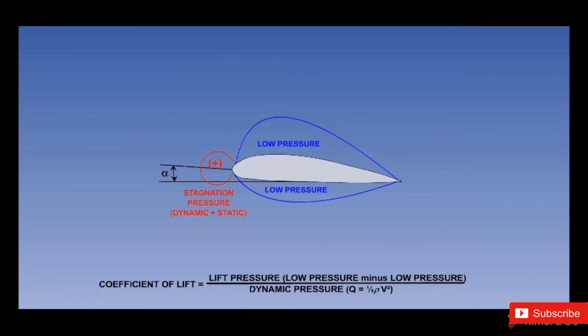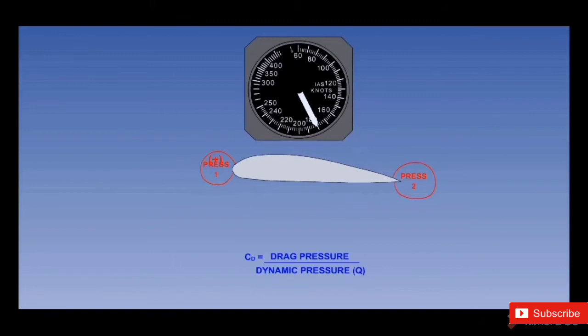By definition, the lift coefficient, or CL, is the lift divided by the dynamic pressure and the wing planform area. As the speed increases, assuming a constant density, CD will remain constant since the drag pressure and dynamic pressure are increasing in the same proportion.